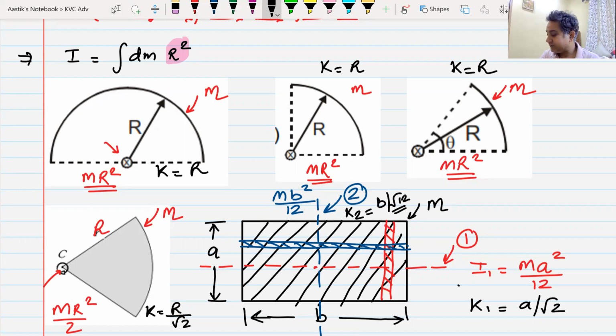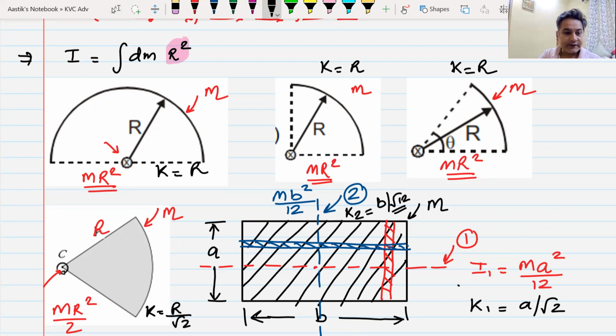This is the best way to remember this. If I tell you the definition, it will just confuse you. So we don't have to go through that definition. What all factors does the radius of gyration depend on? Density of the body, axis of rotation.